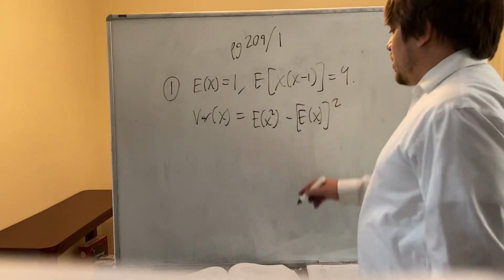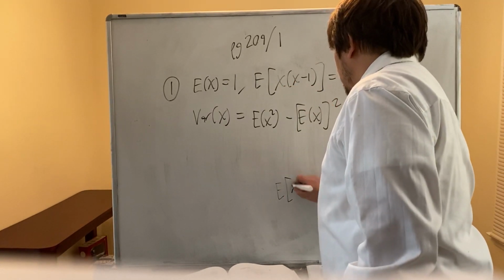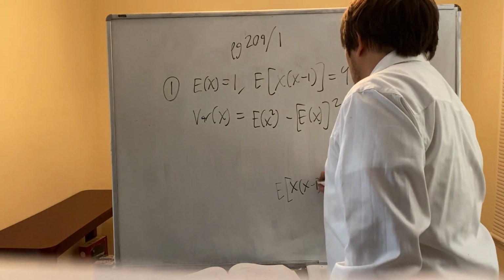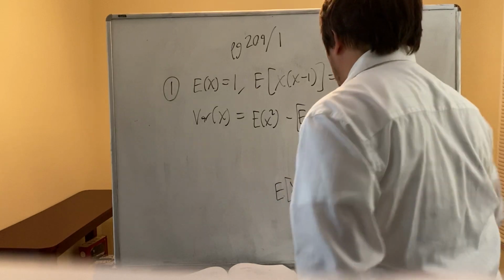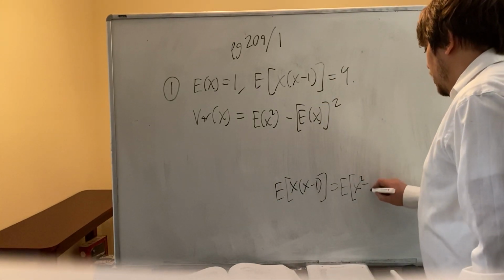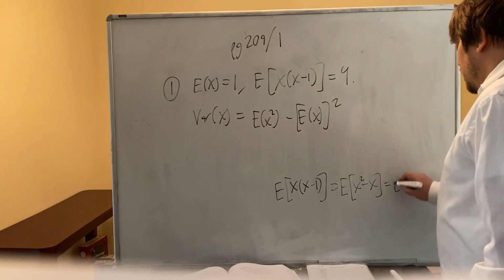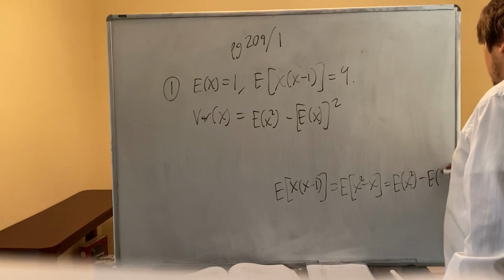Well, this equation tells you that e of x times x minus 1 is equal to, this is a new marker, which is why it's not there. Okay, so this is e of x squared minus x. That's e of x squared minus e of x.